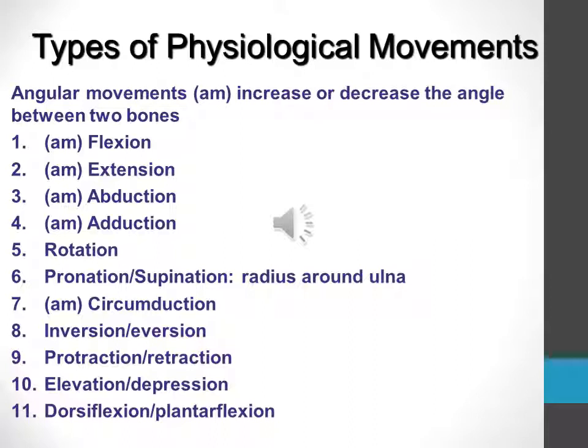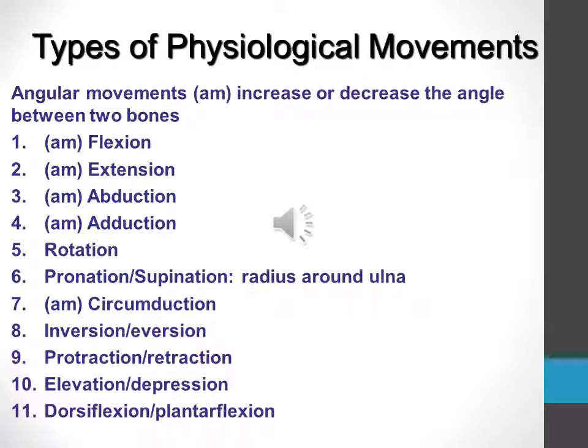Inversion and eversion have to do with the direction that the sole of your foot points. So if you are standing in anatomical neutral and you roll to the outside of your foot, meaning that the bottom of your foot points toward the midline or toward your other foot, okay, let's think about that. You're standing in anatomical neutral, you roll to the pinky side of your foot, so now the bottom of your foot is facing your other foot.